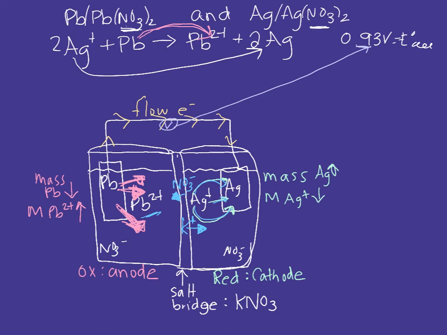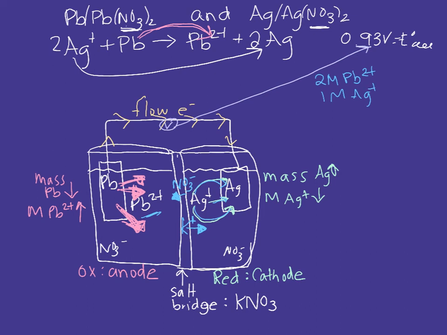So the last thing to take a look at is some conditions where the voltage would be more than or less than 0.93 volts. So let's take a look at a couple of conditions. So let's say that we had one where you had 2 molar lead 2+ and 1 molar silver ion.